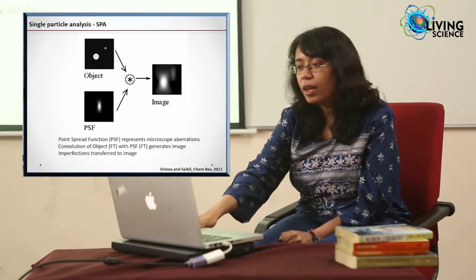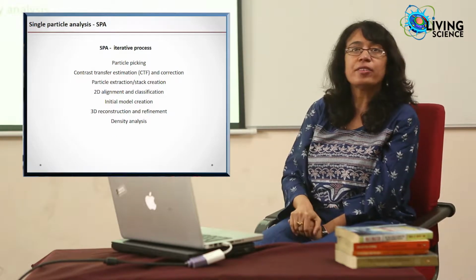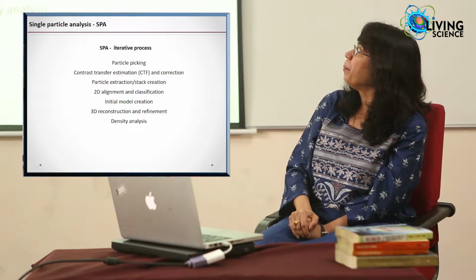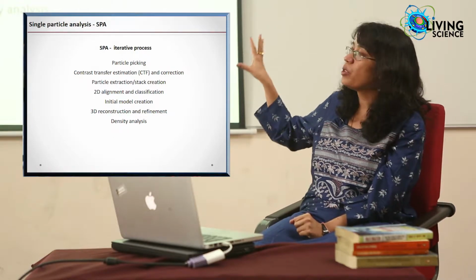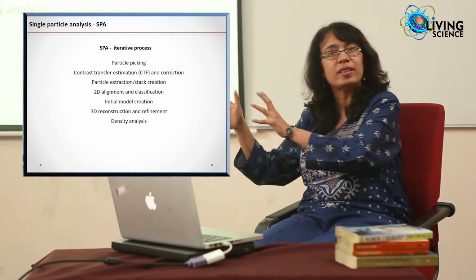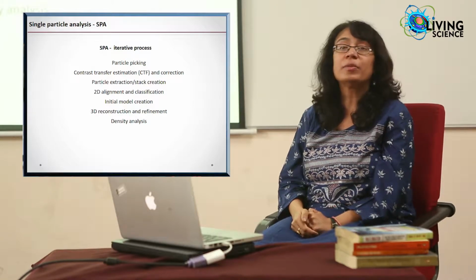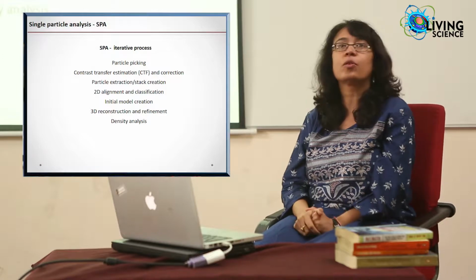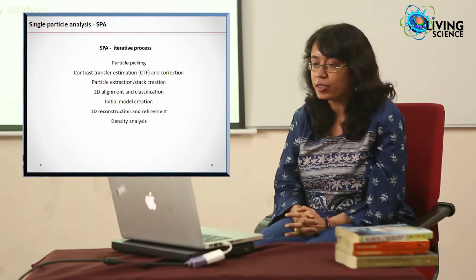Several corrections have to be applied to the image before it can be processed further. So it's a very iterative process, and this whole process of taking the 2D images and generating a 3D density volume is termed single particle analysis, or SPA, or single particle reconstruction. Essentially this involves picking of the particles.